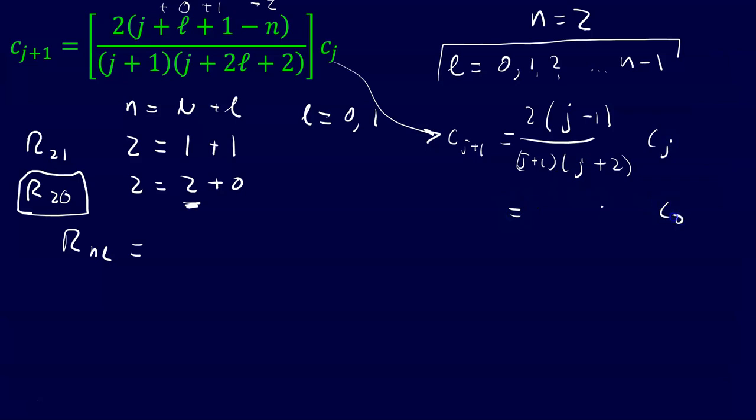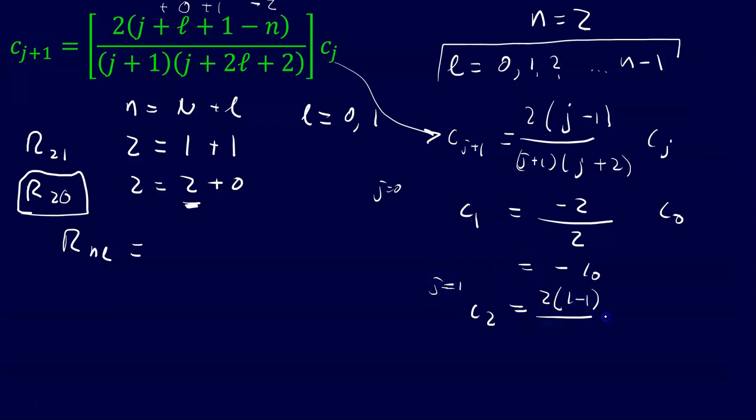And so we look at this. Let's do the first case when j is equal to 0. So it's c0 here. We're solving for c1. If I plug in a 0 there, I get negative 2 on top. And then downstairs I get 2. And so this works out to be negative c0. And then we see that if we plug into the next piece, I get c2 equals upstairs we get 2. And now for this case our sum is j is equal to 1.